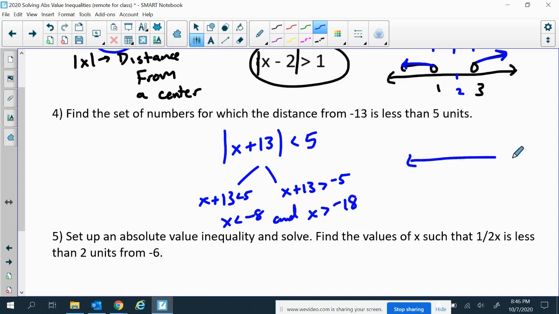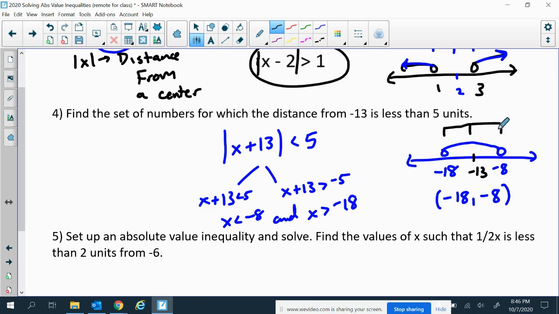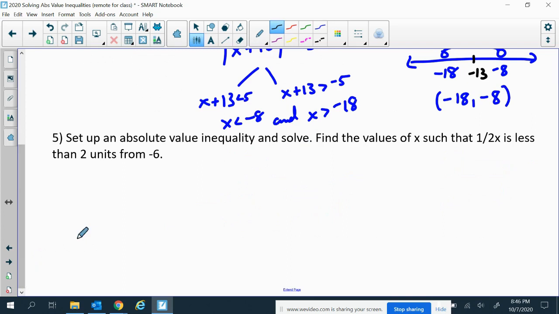It's an and problem. I can write this in interval notation and graph it. And the good news is it makes a whole lot of sense, because negative 13 is here, and the distance away is less than 5 in both cases.